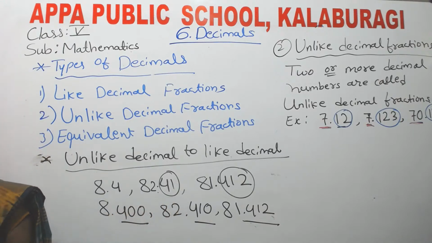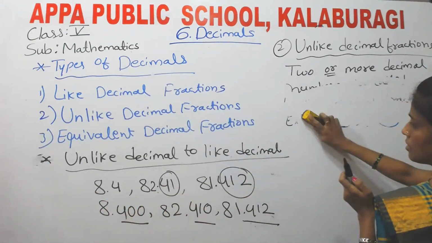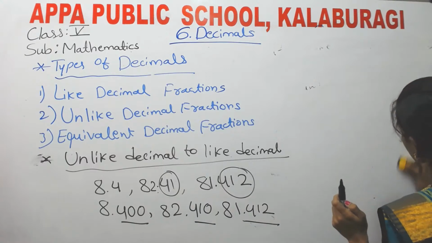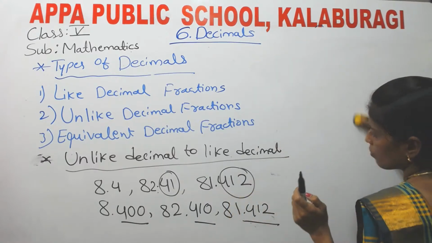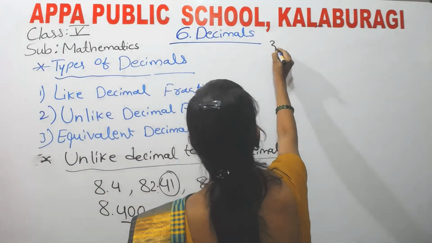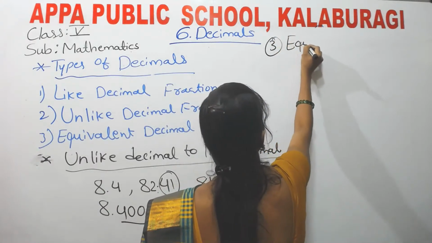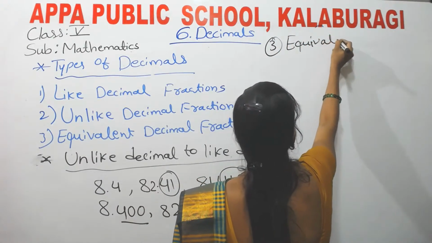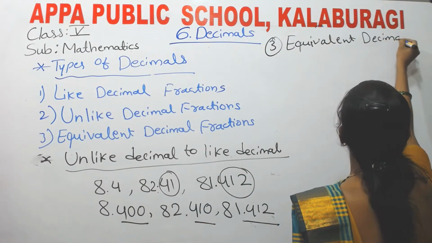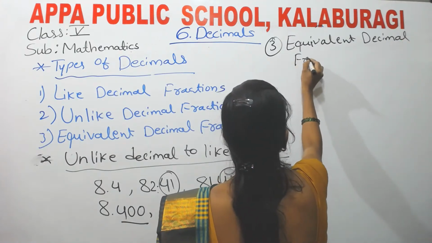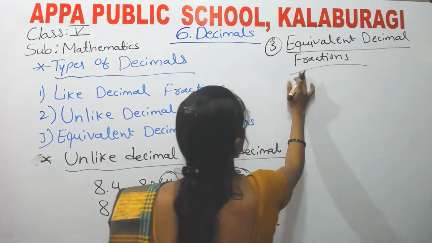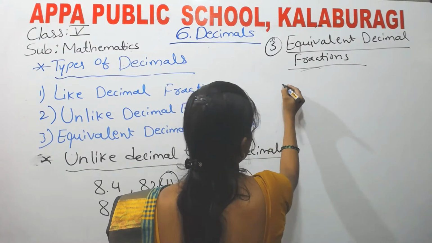Next, third one, equivalent decimal fractions. Equivalent decimal fractions means unlike fractions which are equal in value.